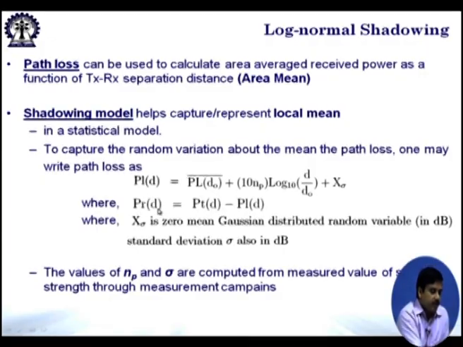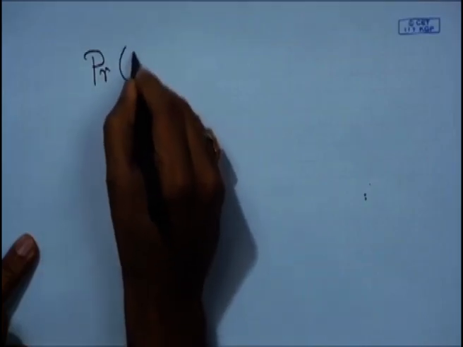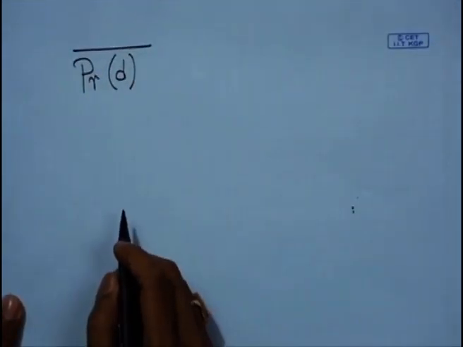Now, if we compare this particular expression with the one that we had done before, what we would write for the previous expression is Pr(d) with a bar on top. Basically, what we would have from path loss only indicates the area mean, right.